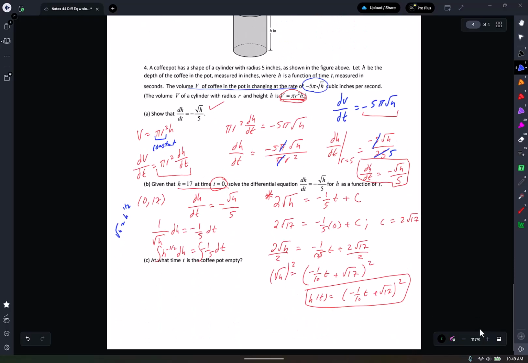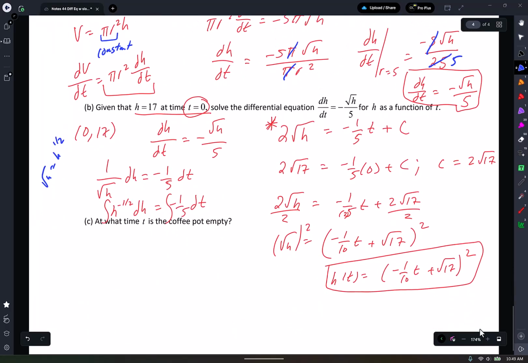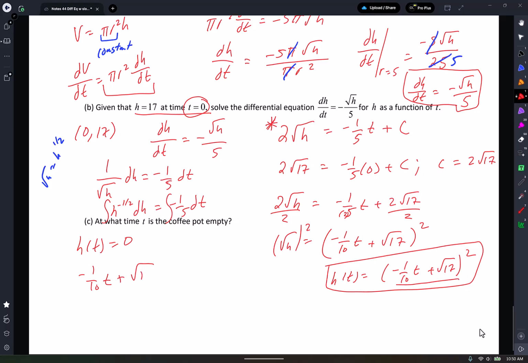So that means I take that expression that I just solved for and set it equal to 0. The only way that will be 0 is if the inside is 0. So I guess you can say initially h of t equals 0 like that. And then just set the expression on the inside equal to 0. So negative 1/10 t plus square root of 17 equals 0. Is everyone okay with that?